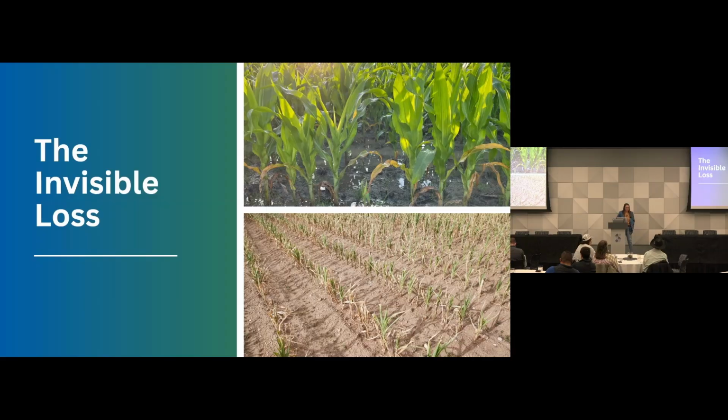But at the end of the season, you don't always see bad water management until you get to the yield monitor. And it's trying to figure out how do we watch that throughout the season to make sure that we are not getting to a point where it's a visible issue.